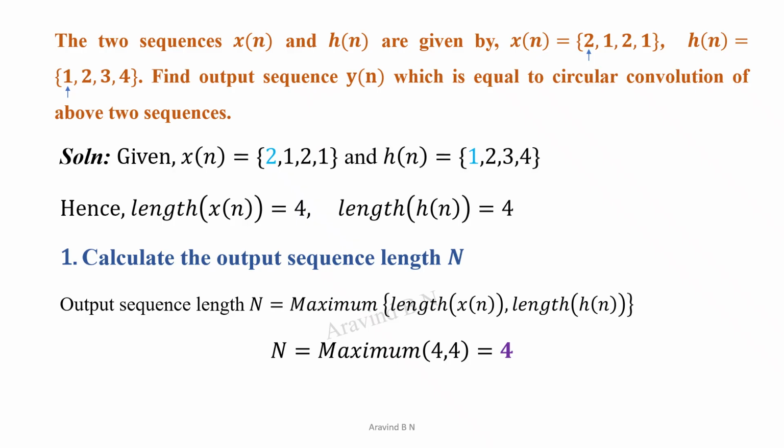Now getting into the solution, we are just noting down the first given sequences and the length of each of these two sequences. Now as per the step, calculate the output sequence length N, that is given by N is equal to maximum of the given input sequences. So in this case, both the sequences are having the length 4, therefore the output is also 4. That means the capital N will have the length 4.